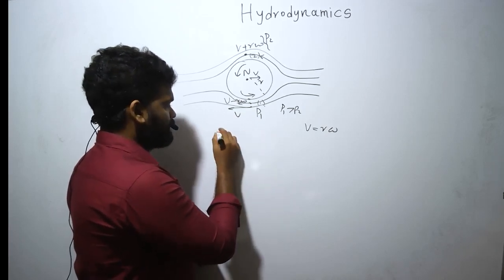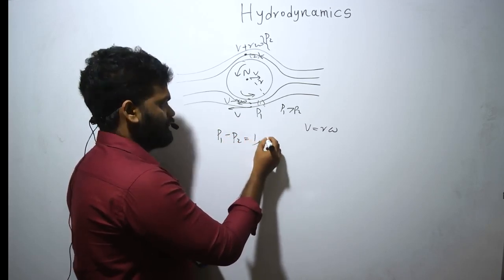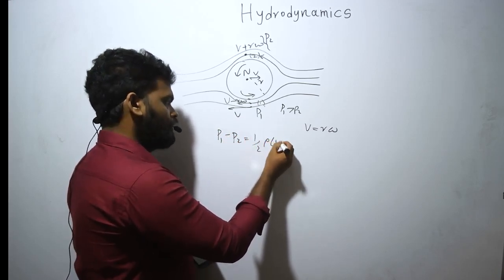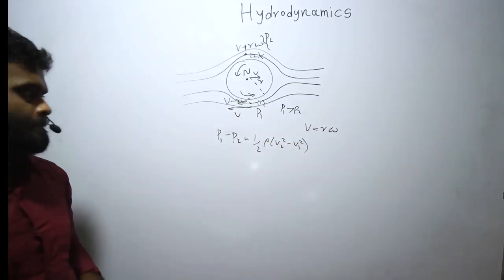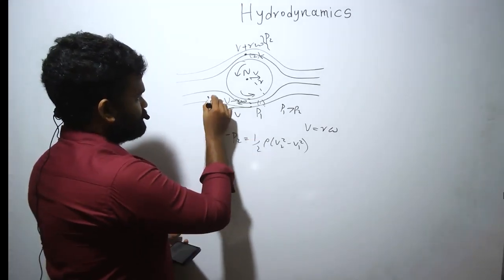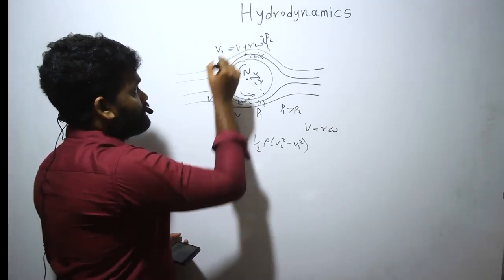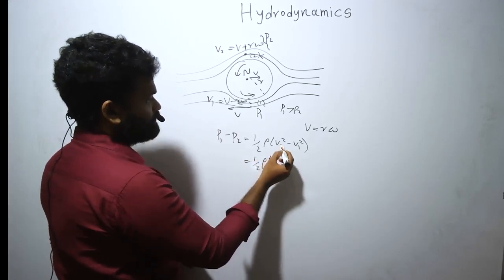Here you can find that pressure difference, like P1 minus P2. You can apply the same equation, right? A half rho (V2 squared minus V1 squared). So here, this is V1, right? Here this is V2. So half rho. So what is V2?